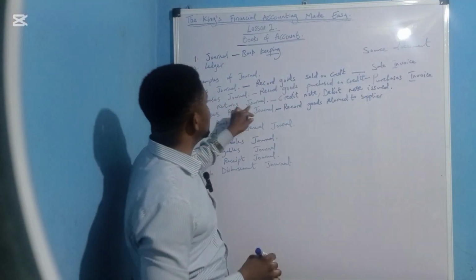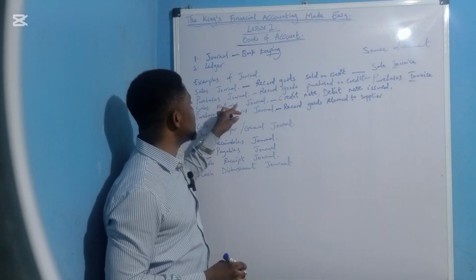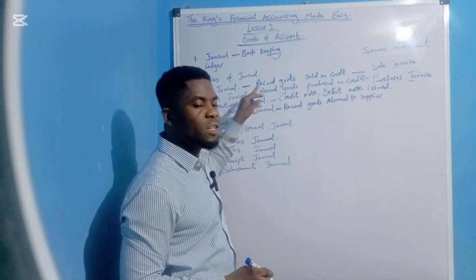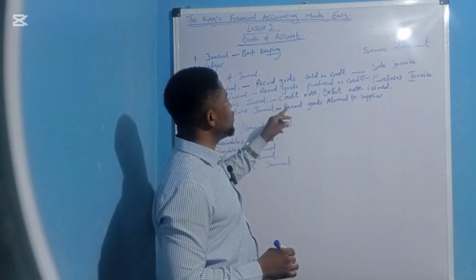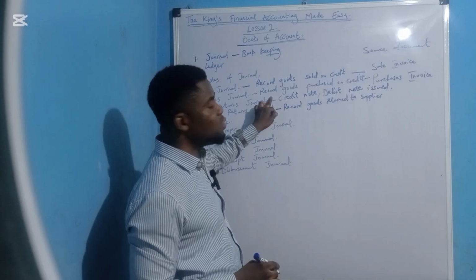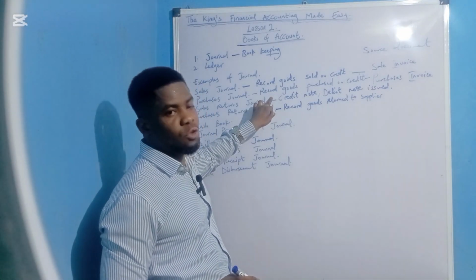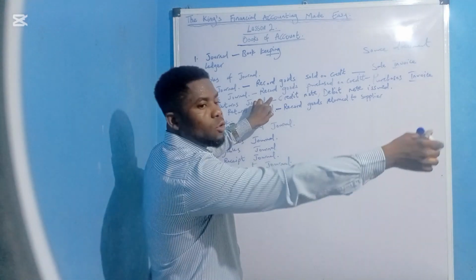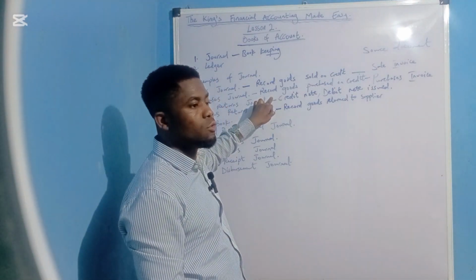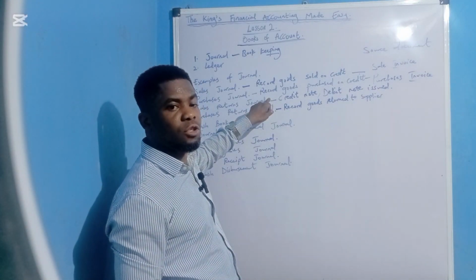Your sales returns journal, or your returns inward journal, or your returns inward daybook, is used to record goods returned by customers. You have sold goods to a customer, and due to one reason or the other, they return part of those goods back to you. That is a return inward journal.